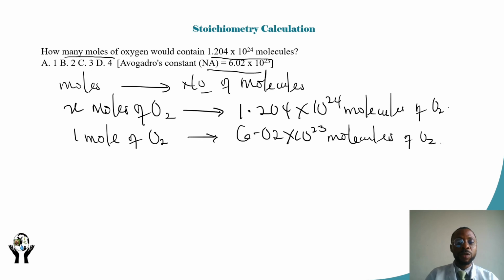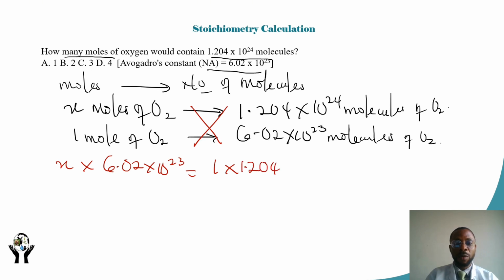So with that, you can simply cross multiply, and you have x multiplying 6.02 times 10 to the power 23 equals 1 times 1.204 times 10 to the power 24.